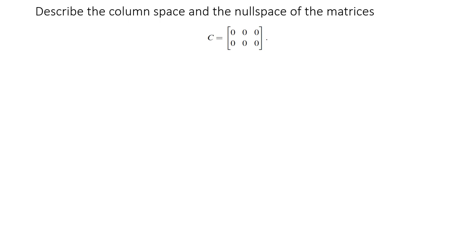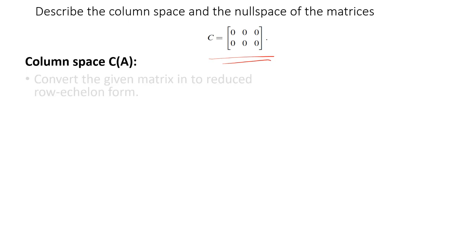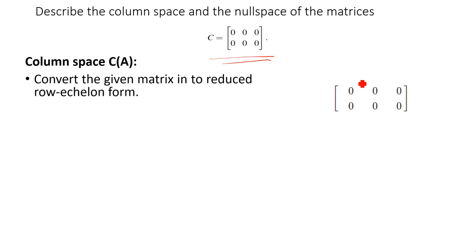What could be the answer for the column space of this? The column space is nothing but the positions of the pivots. The columns where the pivots are found will be the answer for the column space. But this matrix is already in reduced row form, and we don't find any pivots here.